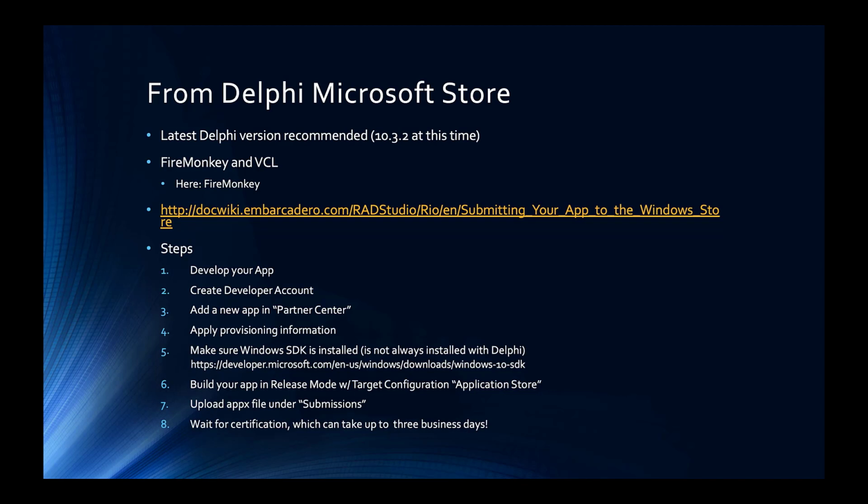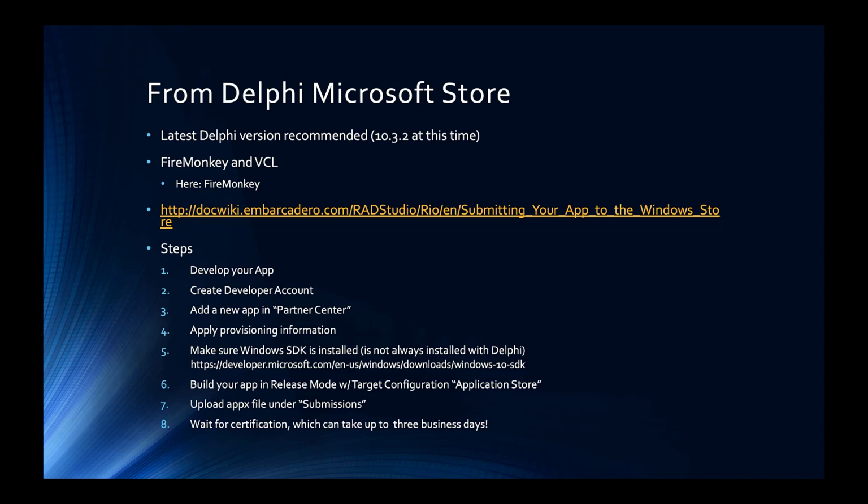Then, after we edited all the information, like description and title, we need to apply some sort of provisioning information to our own app. So that's an important step. And the next thing, before you can actually compile to a specific package format that we will need, you need to make sure that you have the Windows 10 SDK installed.